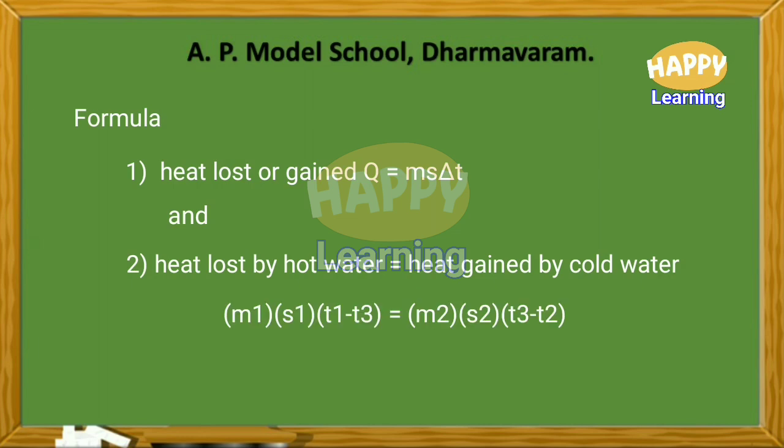Applying the symbols to the formula, heat lost by hot water, we get M1 into S1 into T1 minus T3. On the right hand side, heat gained by cold water is given by M2 into S2 into T3 minus T2.